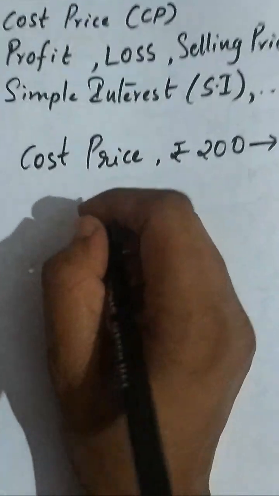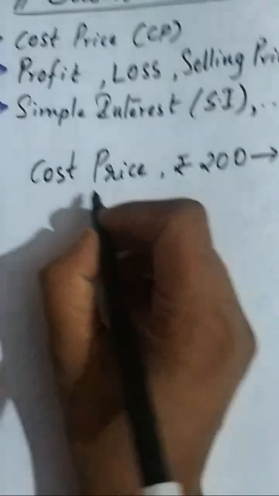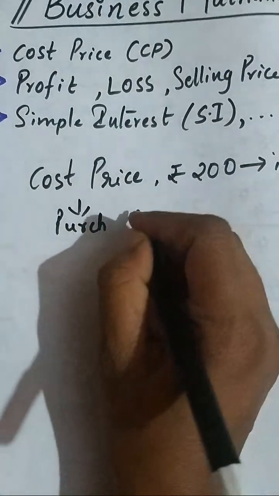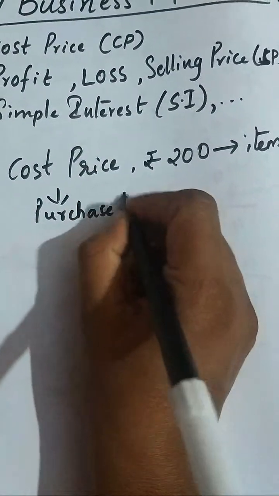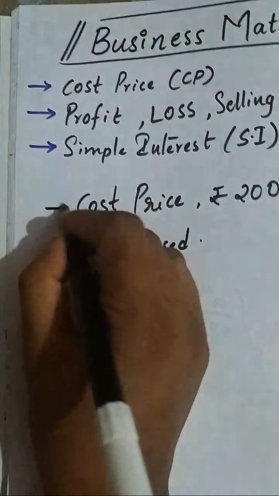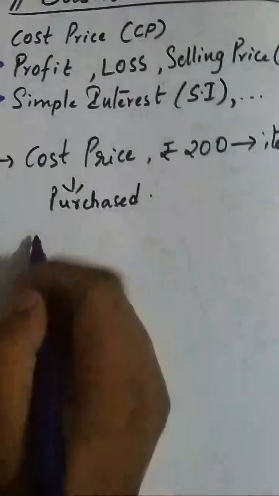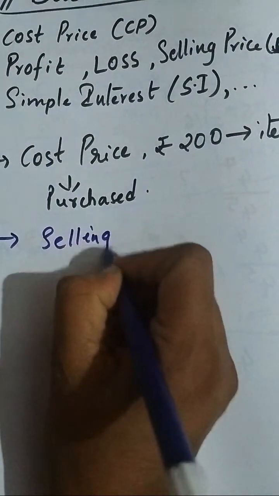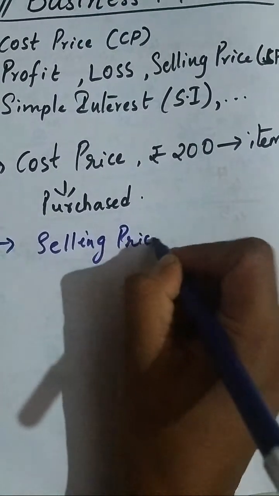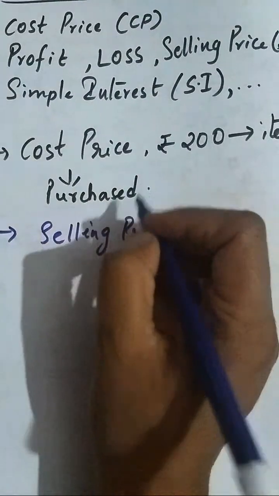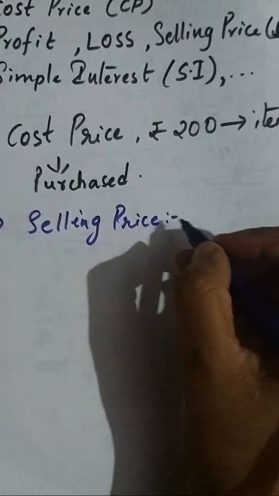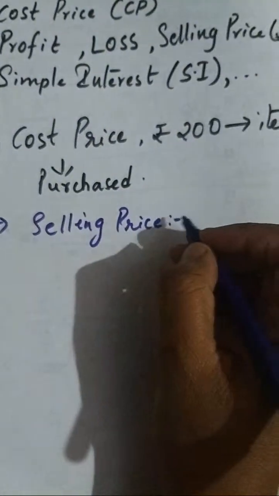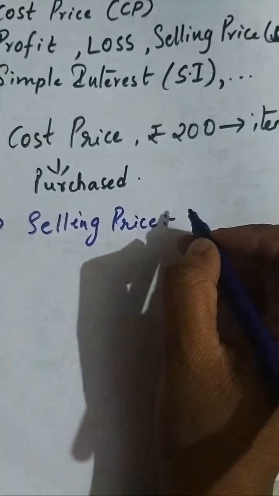What is the selling price? Selling price means, children, when we have purchased an object and we sell it at some price, that is called the selling price of the object.